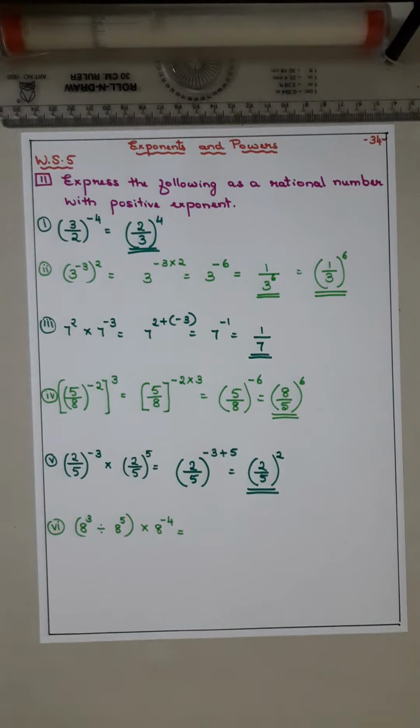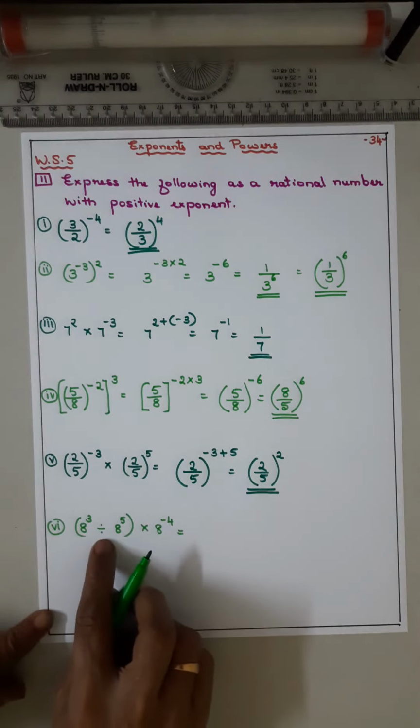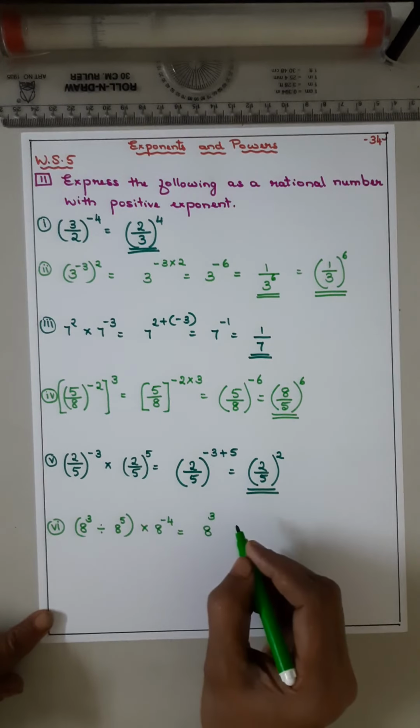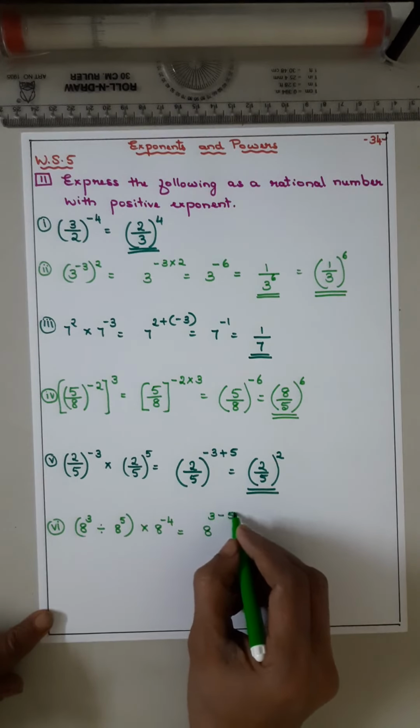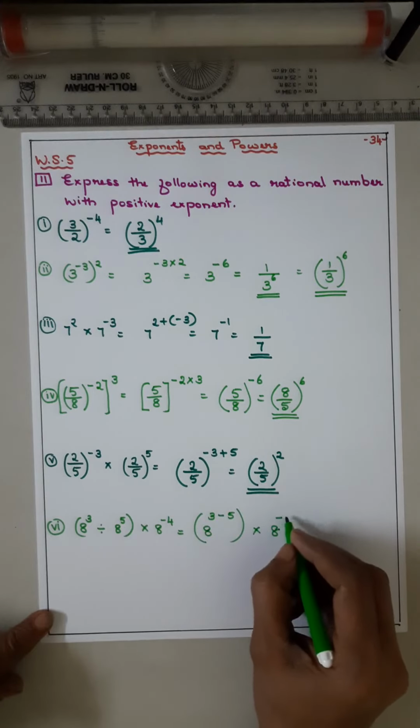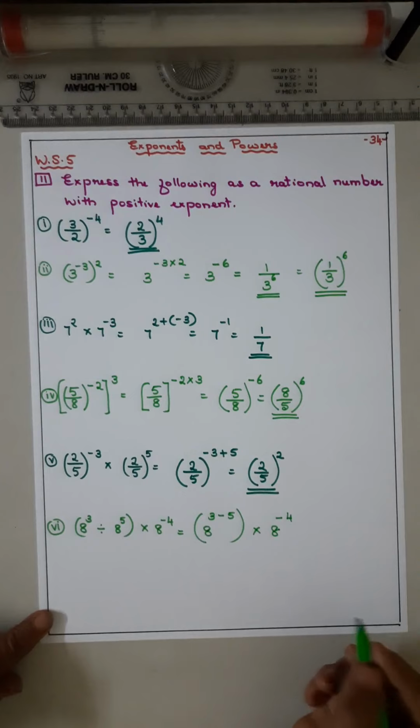Now coming to the sixth sum. Now bases are same. In between division sign. 8 to the power 3 minus 5 into 8 raised to power minus 4.